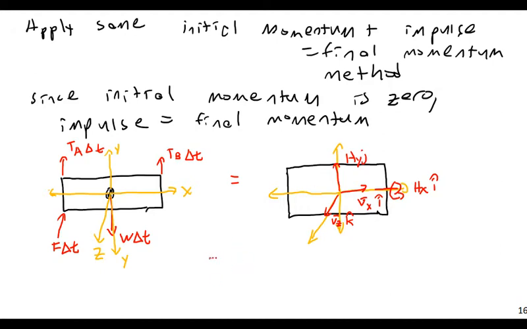So then I can say that v is equal to vx i plus vz k, and omega is equal to omega x i plus omega y j.